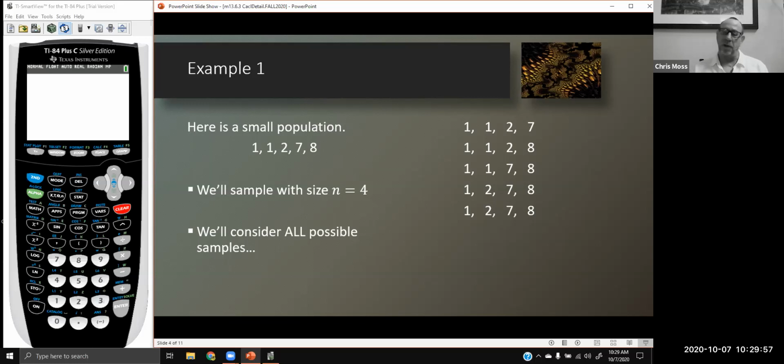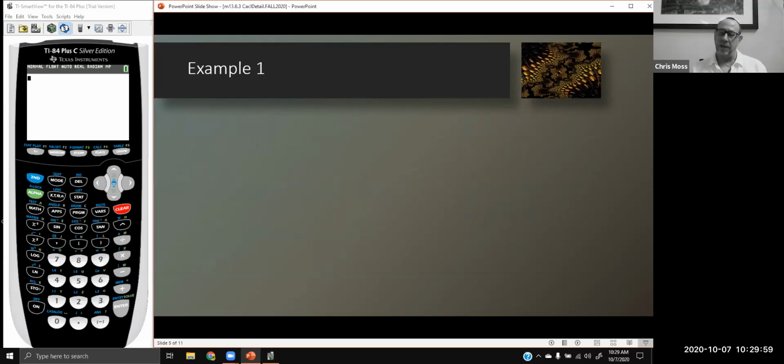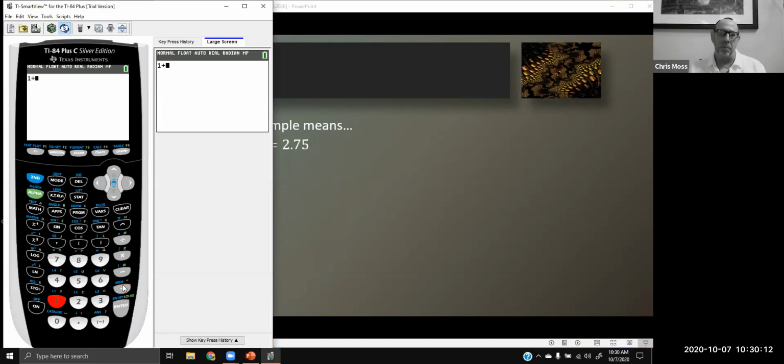So we want to consider all possible samples, and then we're going to find the sample means. It's relatively straightforward. It's relatively easy to do. 1 plus 1 plus 2 plus 7.